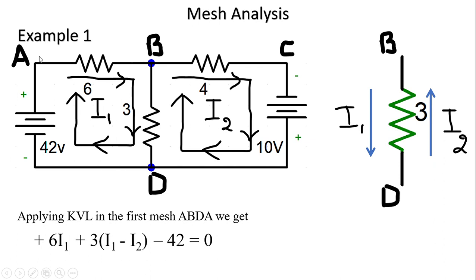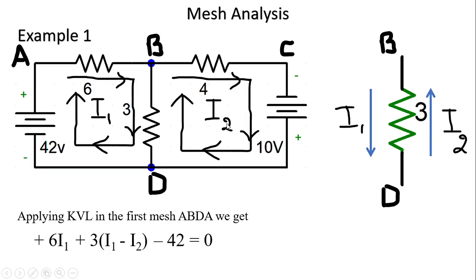We get, when you go from A to B, 6I1 plus B to D, 3(I1 minus I2). Why did I consider I1 plus and I2 minus? You have to consider I1 as positive when you're writing the mesh equation for ABDA, and any other current component should be given a minus sign if they are opposite.